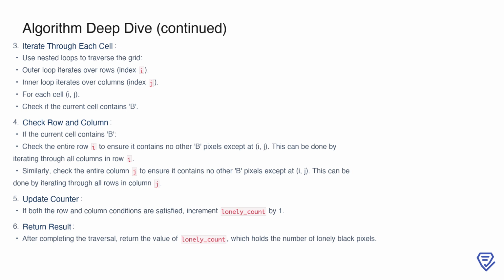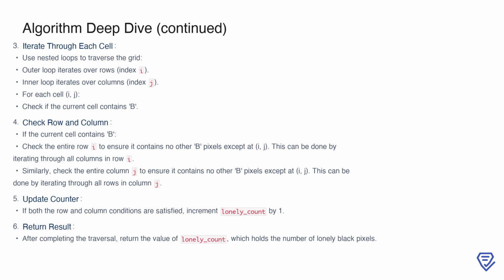First, we scan the entire row i to make sure there are no other black pixels in that row except at the current position i, j. Then, we check the entire column j to ensure the same condition holds true there as well. If both conditions are met, it means the pixel at i, j is lonely, so we increment the lonely_count by 1. Finally, after traversing the entire grid, we return the value of lonely_count, which gives us the total number of lonely black pixels.